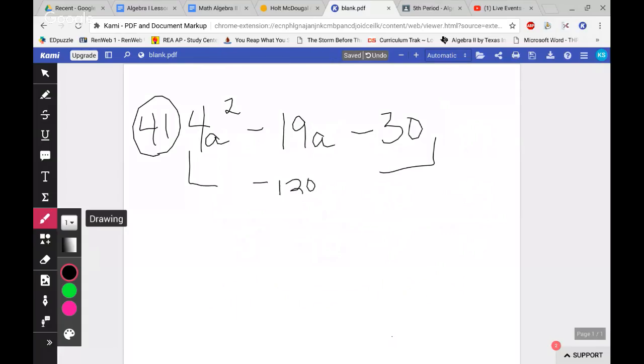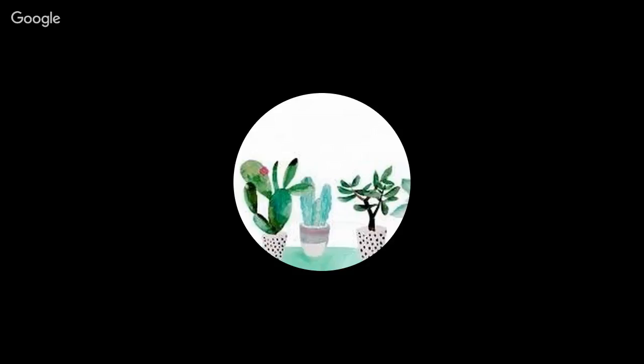So what I'm looking for at this point is two factors that multiply to be negative 120 and, when added, give me negative 19. So I know that one of them is going to be negative and one is going to be positive, because that's the only way I can get a negative number multiplied. And then I know the larger of the two is going to be the negative one, because my result here is negative. Okay. All right.